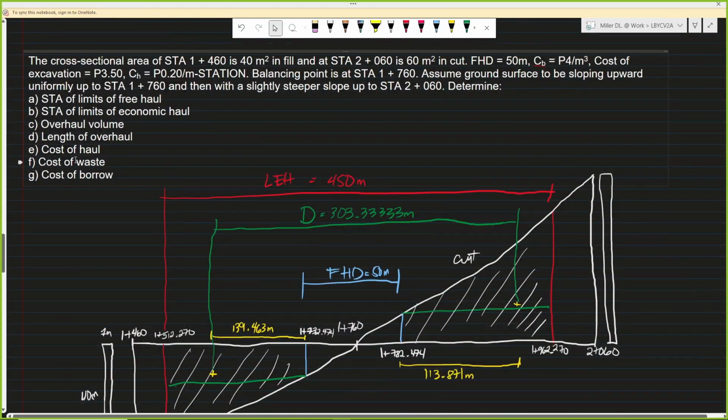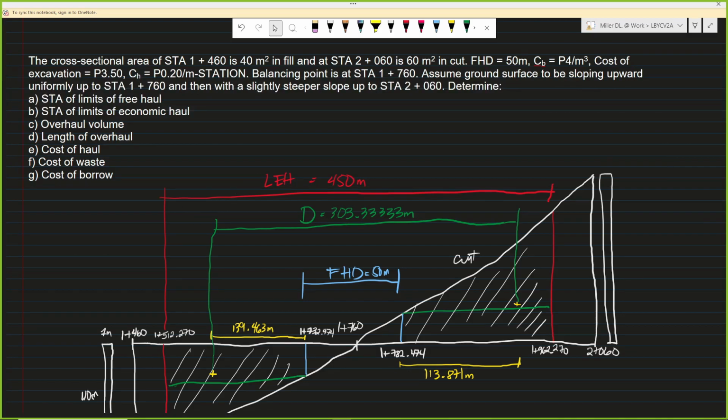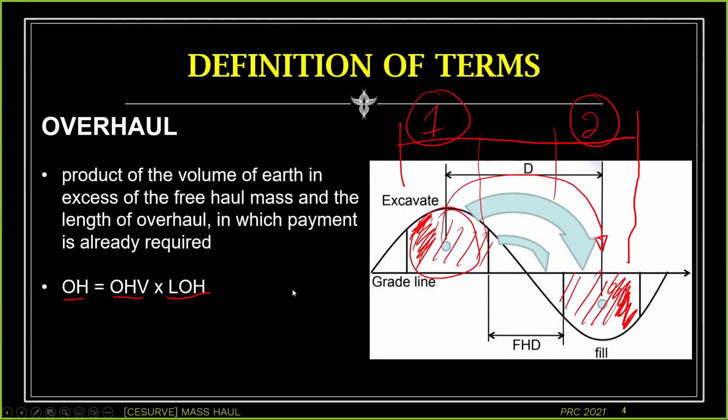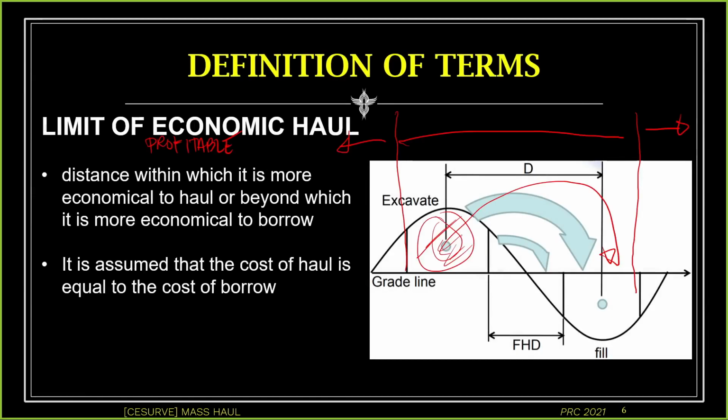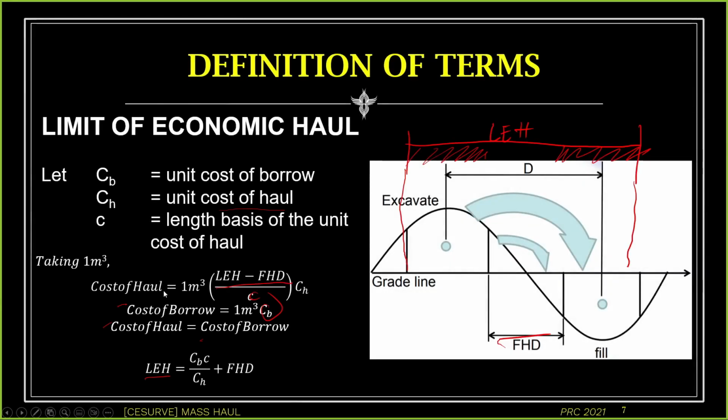Okay? Next natin, last 3 items. Cost of haul, cost of waste, and cost of borrow. Okay? So, ito naman yung next natin isosolve. So, ito ang formula natin. Cost of haul is 1 cubic meter times LOH minus FHD over C multiplied by C sub H. Then cost of borrow is 1 cubic meter times the unit cost of borrow.